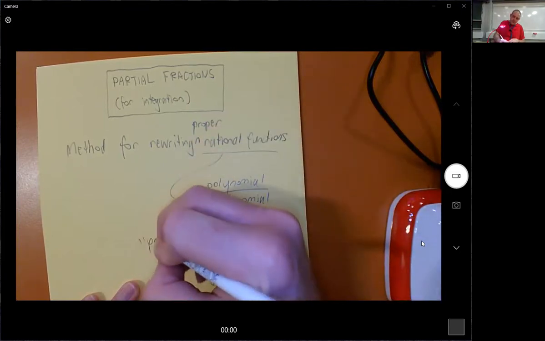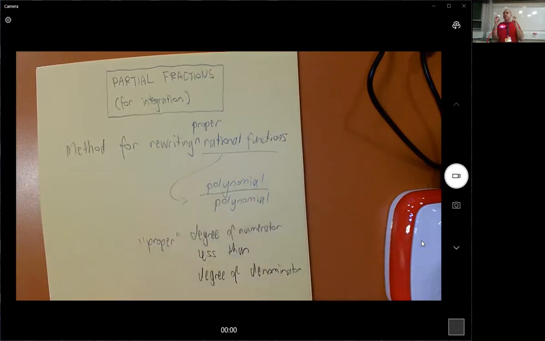So that's what proper means. In the same way as a proper fraction with numbers has the numerator smaller than the denominator, a proper rational function has the degree of the numerator less than the degree of the denominator. And when I say degree, I mean the highest power of x.